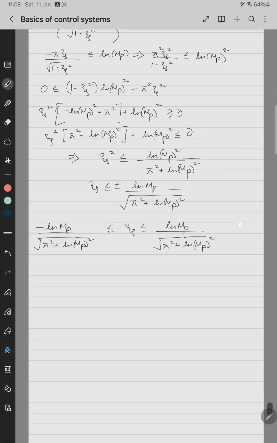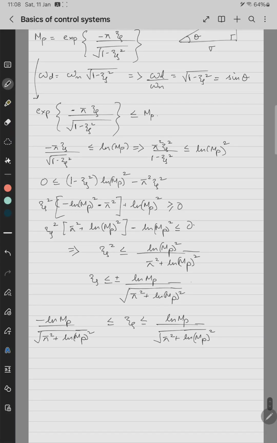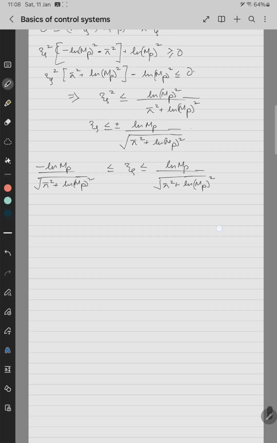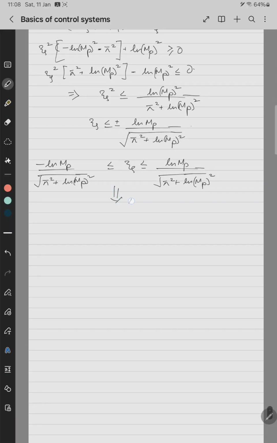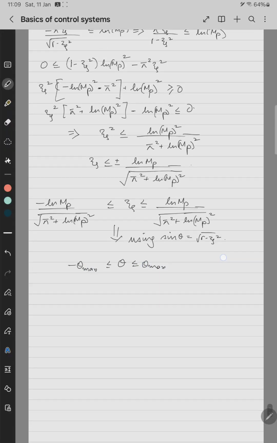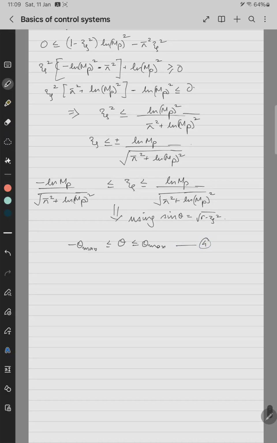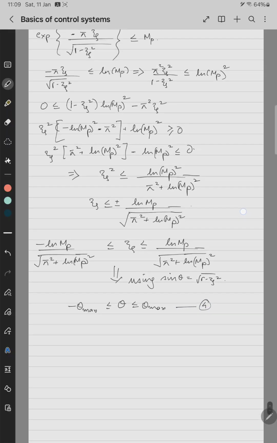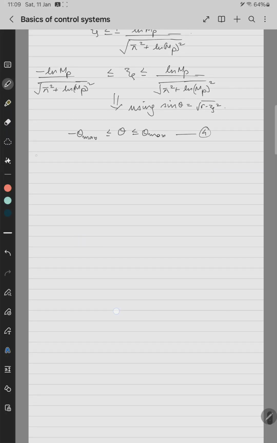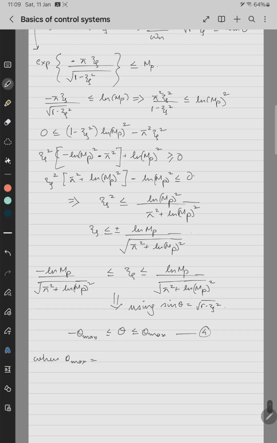Under root of 1 minus zeta square, that is sin theta. So basically, by using sin theta equals under root of 1 minus zeta square, we get that theta should be between minus theta max and theta max. So basically this is another identity, equation number 4. Where theta max, what is theta max? Theta is what?